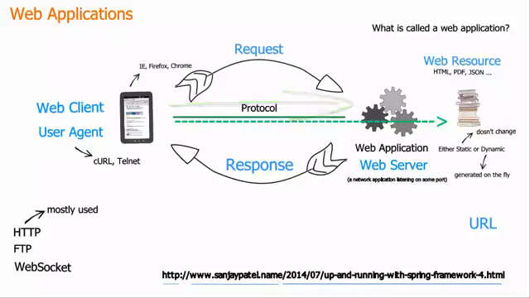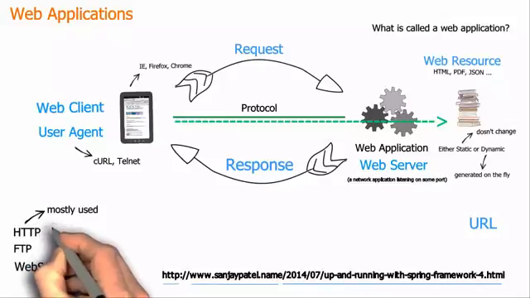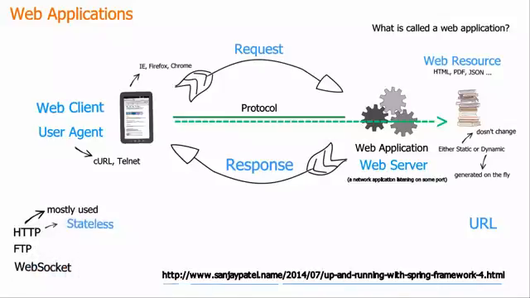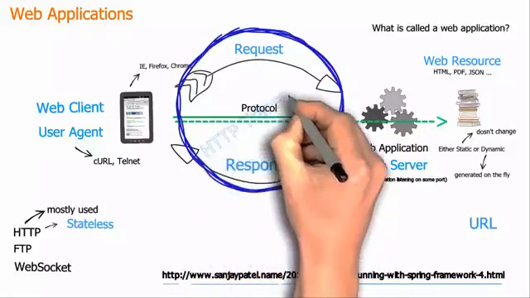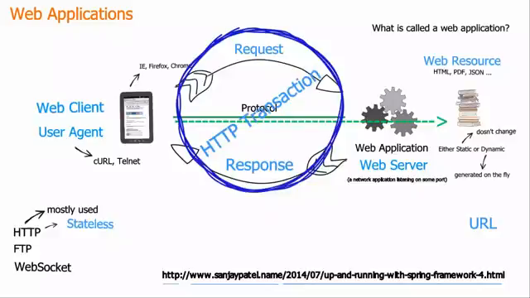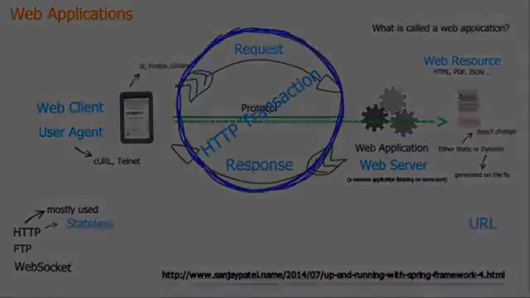And because of this nature, the HTTP protocol is called a stateless protocol. And this one pair of request and response is called an HTTP transaction. So this was a basic overview of how web servers and web clients work. And in the next video onwards, we shall be going deeper into all these.